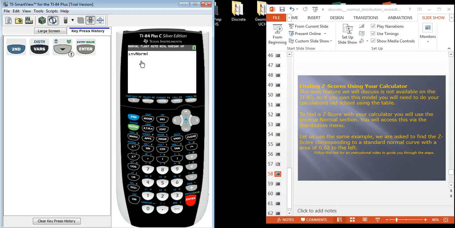The calculator is asking, what is the area under the curve? So we tell it 0.02, close our parentheses, and hit enter. The z-score associated with this is negative 2.05. We could round that to negative 2.054.